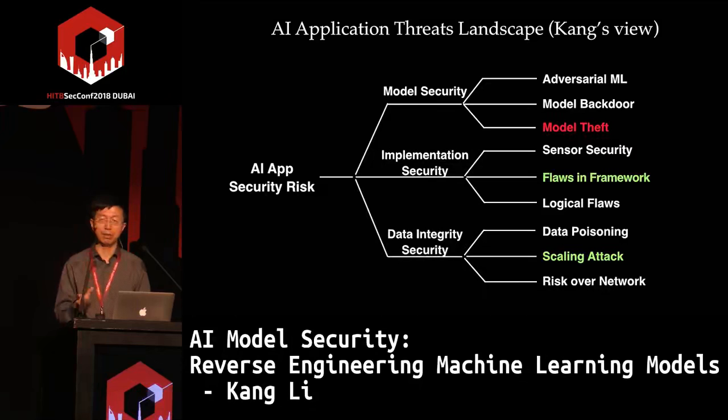So overall, I showed you that potentially for AI applications, there are different types of threats. The topic of today's presentation mostly focused on the model theft part, and that's related to model security. But I also mentioned, and spent lots of effort talking to you, that there are other aspects of AI application security, including implementation security and data integrity security.